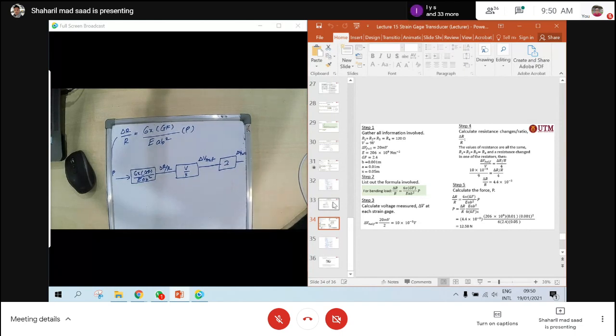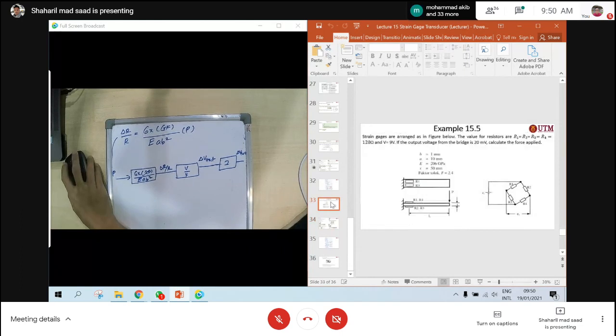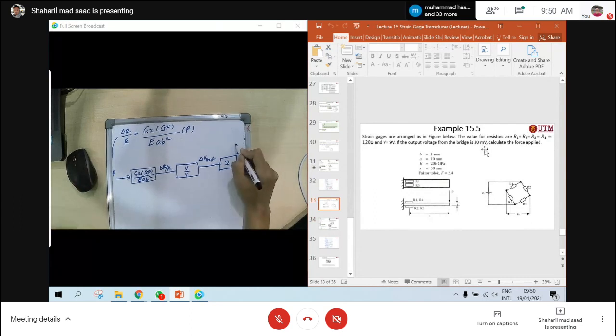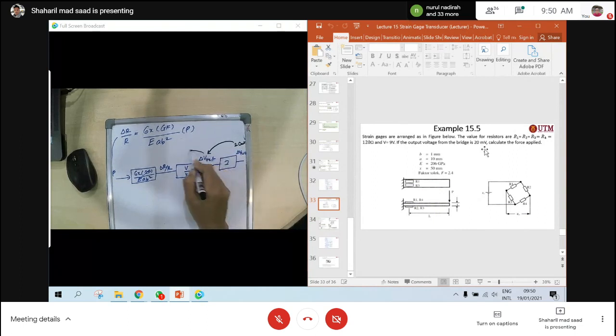Okay, but however in this case it gives you the output voltage of the bridge as 20 millivolt. So this one the output is 20 millivolt. So you need to find the inverse, right? Half, and then delta R, because you want to find what is the force applied. So you need to find this one.